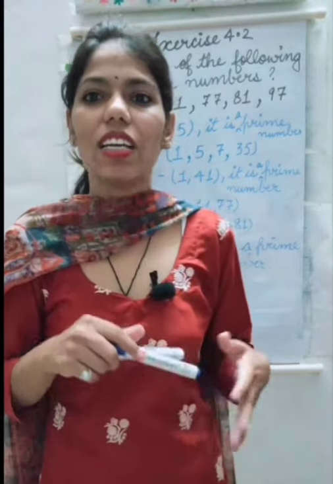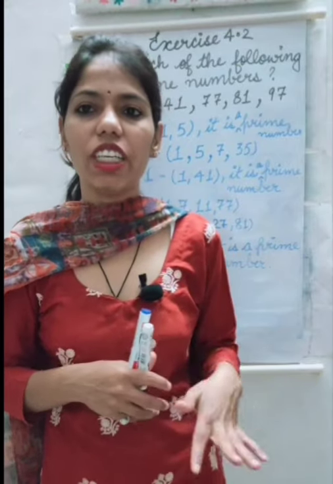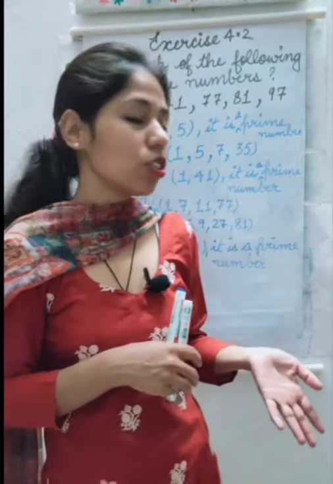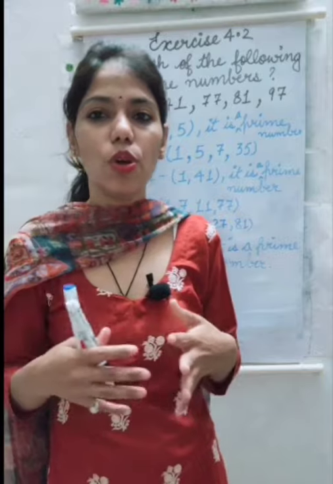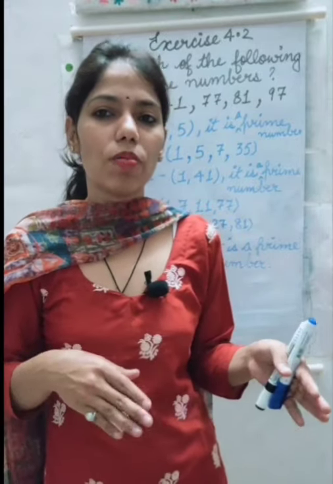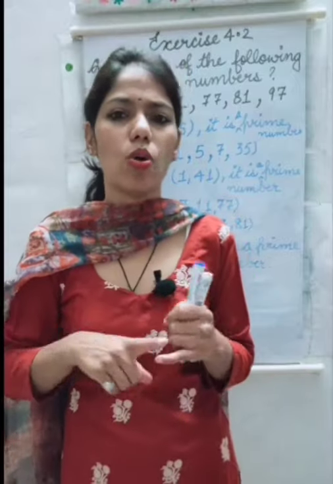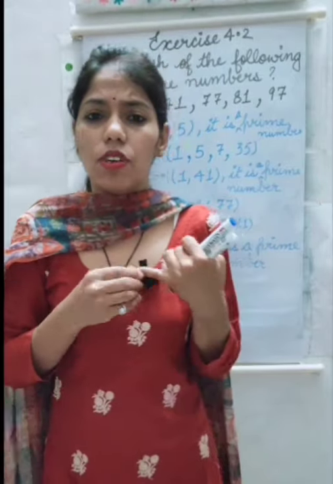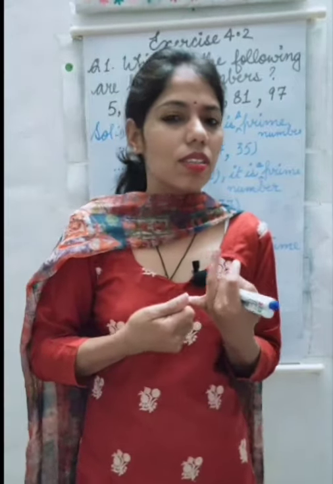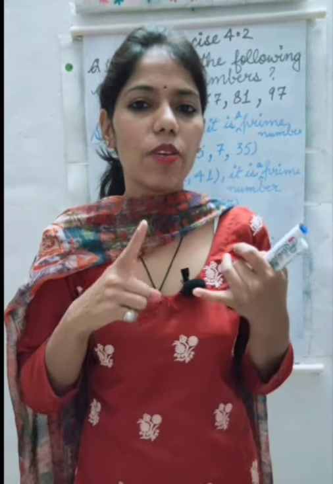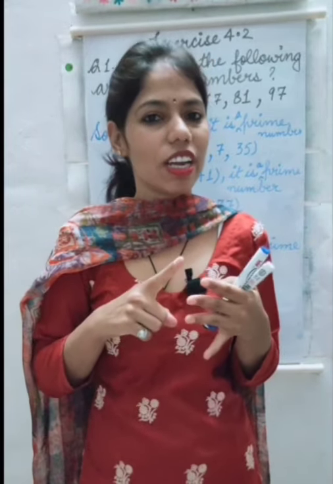Question 2 is list all prime numbers between 10 and 20. So what we have to do? We have to find out all the prime numbers which are between 10 and 20. I think we can do it already. First, 10 is a composite number because it is divisible by 1, 2, 5 and 10 itself.